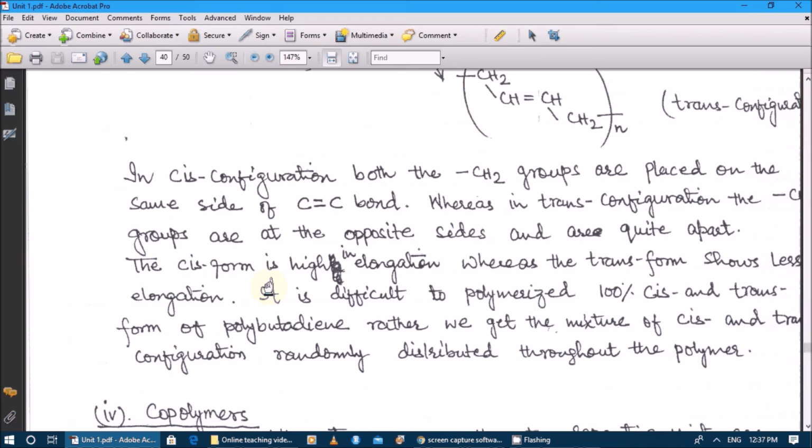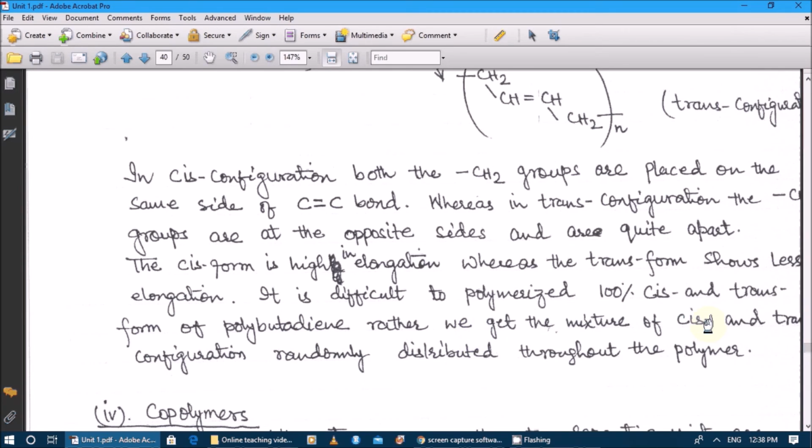The cis form is high in elongation, whereas the trans form shows less elongation. It is difficult to polymerize. Just note it down that it is difficult to polymerize 100% cis and 100% trans form of polybutadiene.